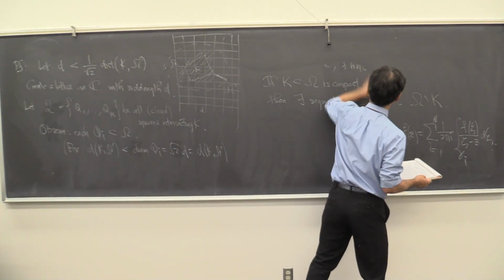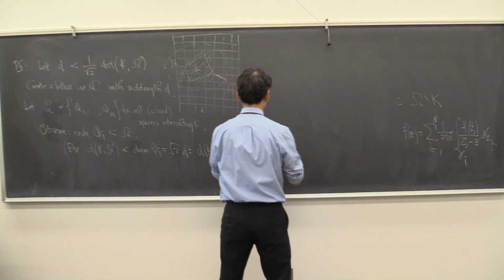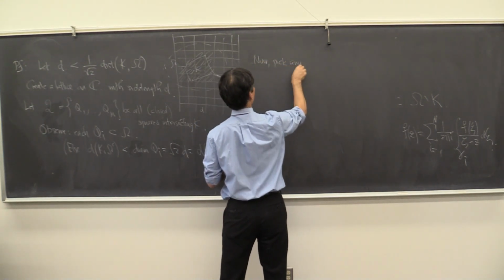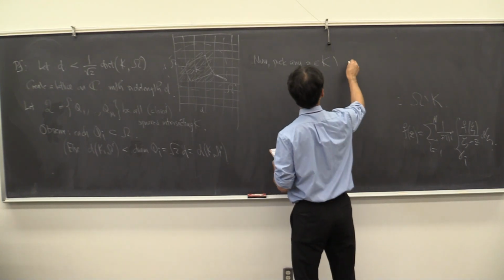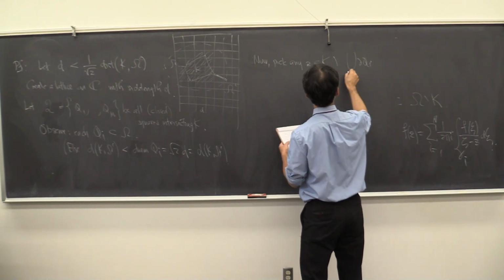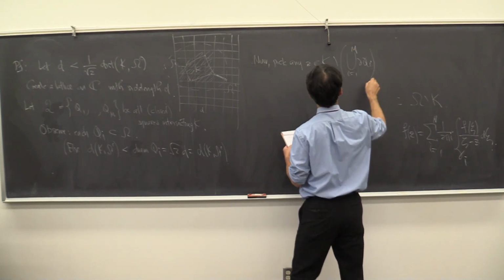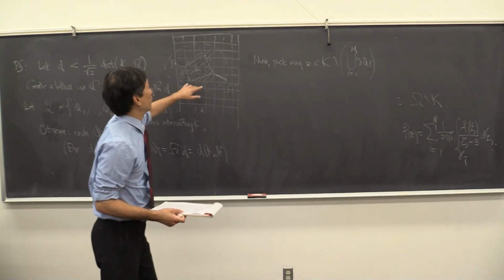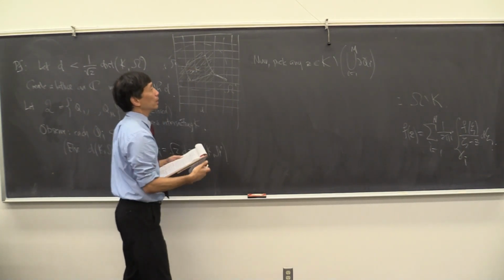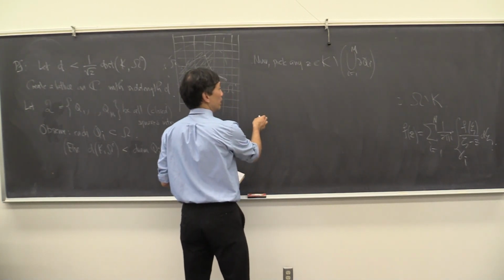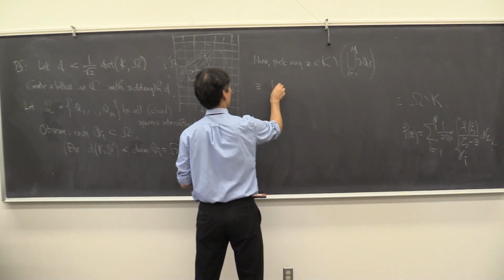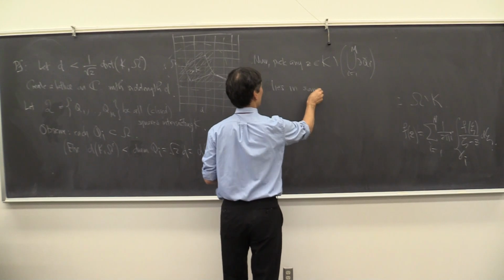Okay, so now pick any z in K that's not on the boundary, so not on any of the boundaries of the squares. So we're inside of K, but we're not on the boundary of any of these. Then we know that z must lie in some Q sub i.